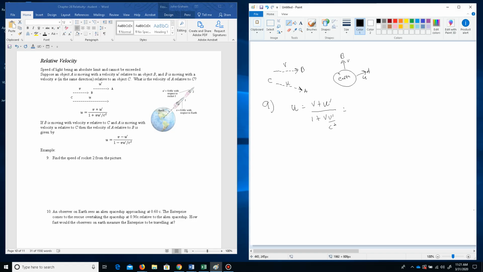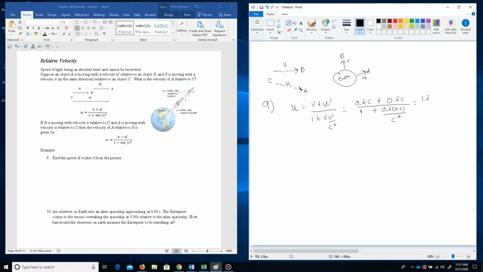So v was 0.6 c plus 0.6 c for the missile. If we added these together, we'd be over c, it would be 1.2 c, which would be a problem. But we also have this bottom part, which is going to be 0.6 times 0.6 over c squared.